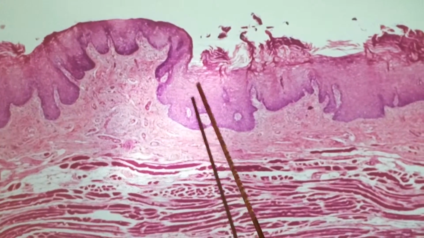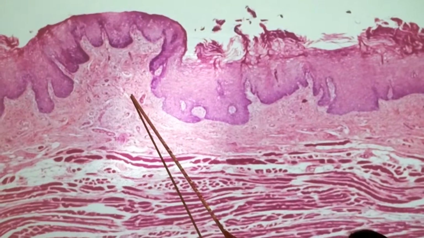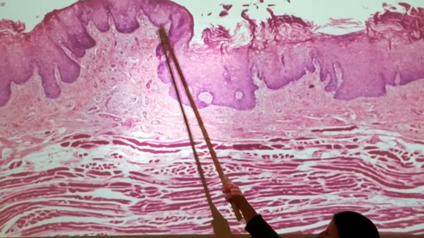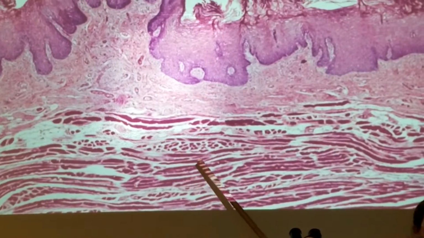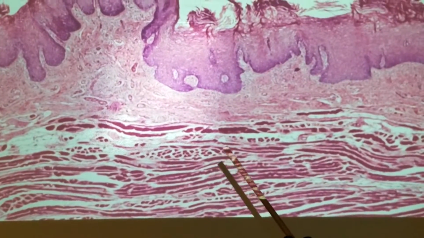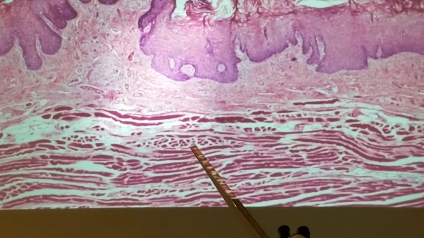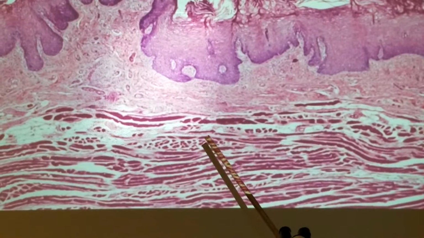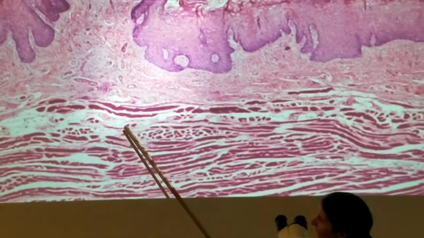Underneath that, we have the stratified squamous, and the lamina propria that forms into a filiform. Then we have all this skeletal muscle here, and it says all cuts are present, which means it's not all going to look like this, it's going to look like this too. That's skeletal muscle as well, because your tongue is a muscle. And in between this, here's the adipose.